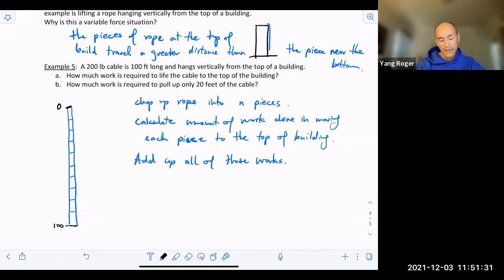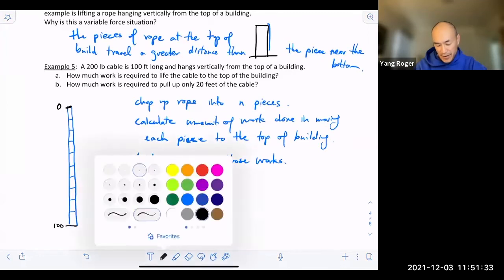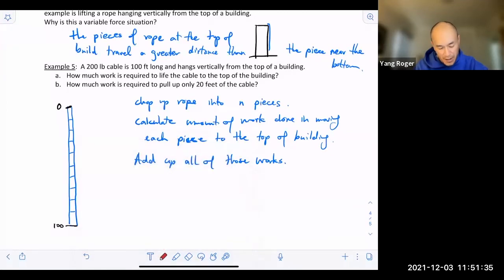If I look at just some generic piece of rope over here, and calculate how much work is done in moving that piece up, when we chop it up, this is like x0, this is like x1, x2, and so on. This is like x_{i-1}, and this is like x_i.